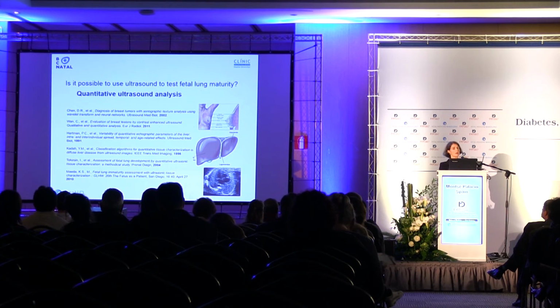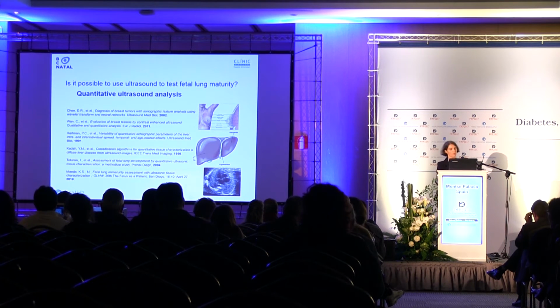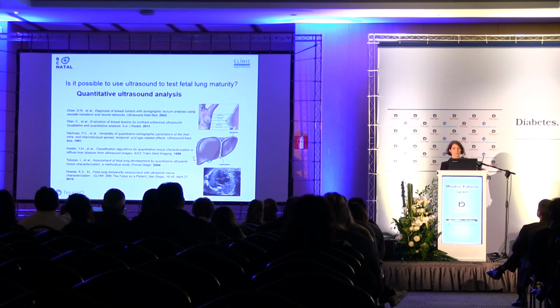Later on, we improved the technique. There is a technique in ultrasound called quantitative ultrasound analysis that has been used for other things in medicine, to test other tissues such as the breast or the liver, and to check if a portion of this tissue could predict malignancy.